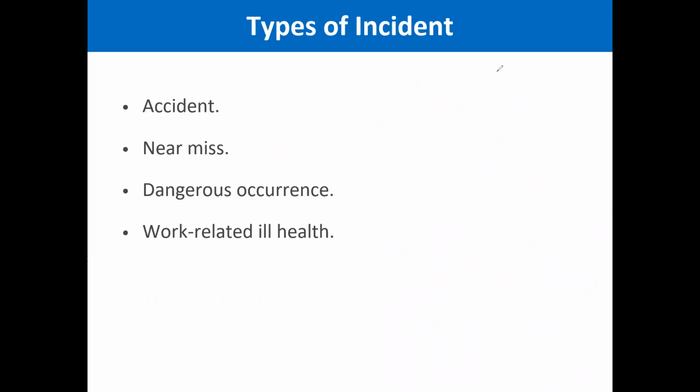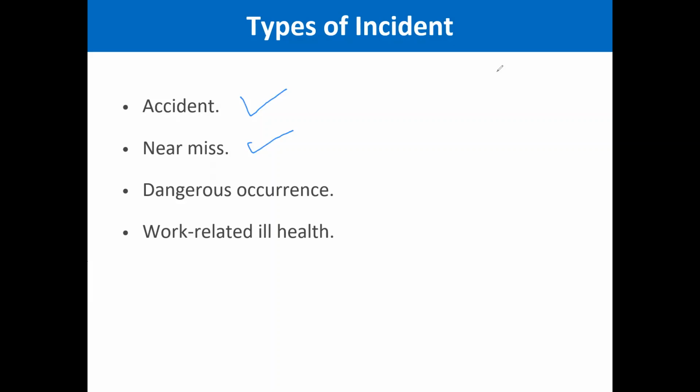If that load falls on the person's head and he gets a concussion or any other damage, that is called an accident. Both of these, accident and near miss, are incidents.